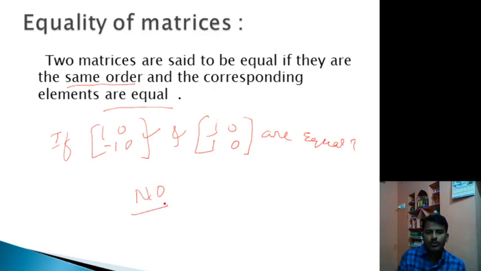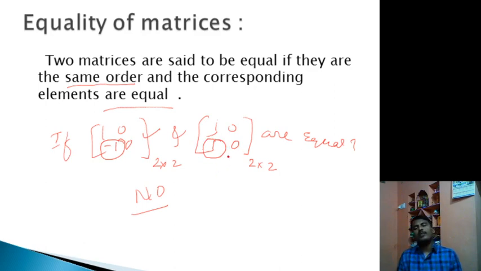No, because they have the same order, but the corresponding elements are not equal. See here minus 1, but here 1. So that is the point. We cannot say these two are equal. Take some examples.